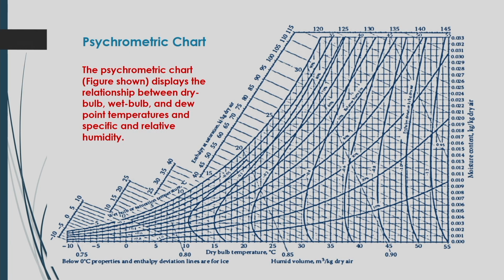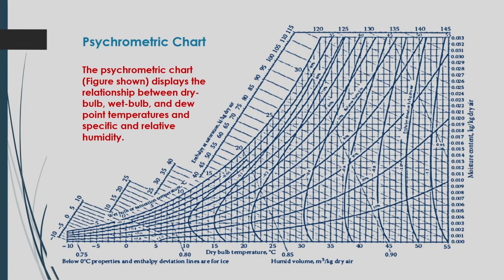There are also other properties like the enthalpy deviation and the relative humidity, and how to calculate them. I will discuss these things in the next lecture, how to use the psychrometric chart to calculate the relative humidity, dew point temperature, dry bulb temperature, enthalpy, humid volume, relative saturation, and absolute moisture content in the air.